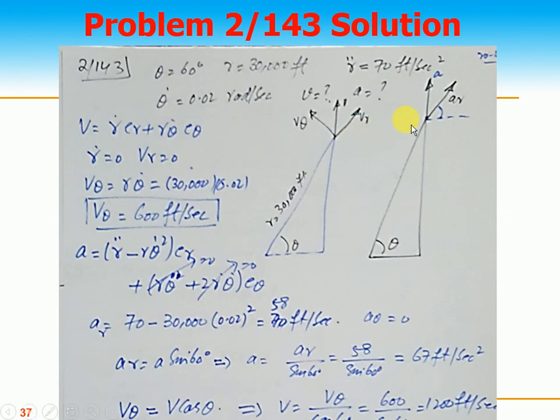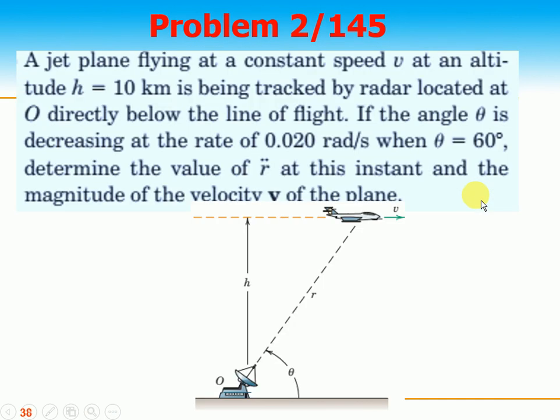This angle is 60 degree, right. So therefore this component, in this case the theta component, v theta is equal to v cos of theta. So therefore we get the value of the total velocity in this vertical direction.